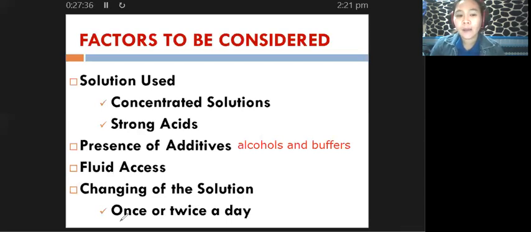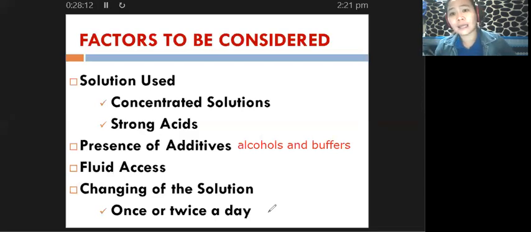Why? Because if you are using acids as your decalcifying agent, they have to perform two important things. Number one is to dissolve the mineral deposits. Number two, they have to react or interact with the dissolved calcium salts or mineral deposits.